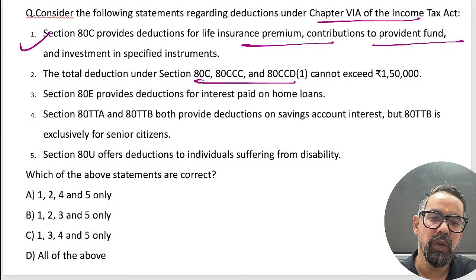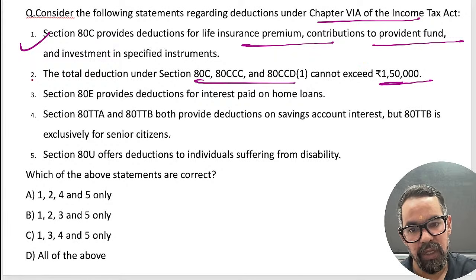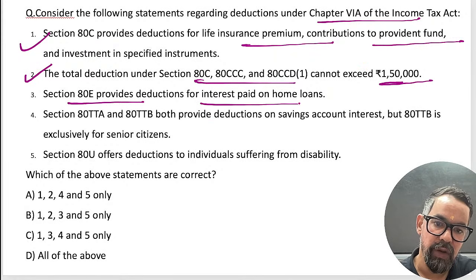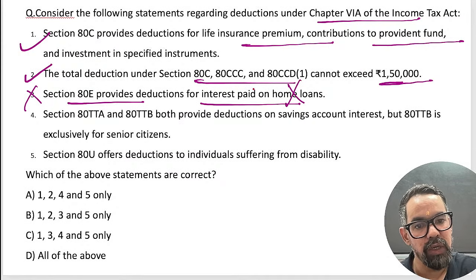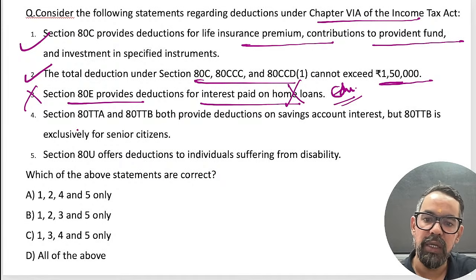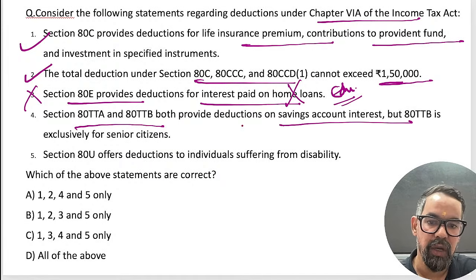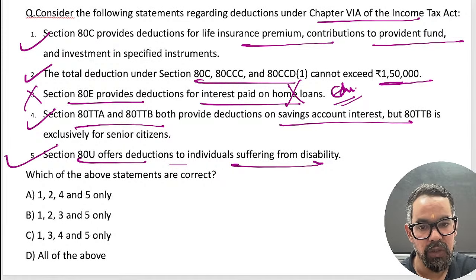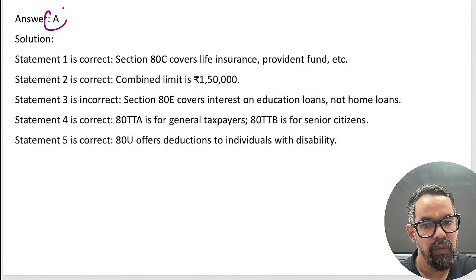The total limit is 1,50,000, correct. 80E provides deduction for interest paid on education loan, not home loan. 80TTA and 80TTB cover interest on savings accounts, this is also correct. Persons with disability, this is also correct. So 1, 2, 4, 5 means option A will be the right answer for this particular one.